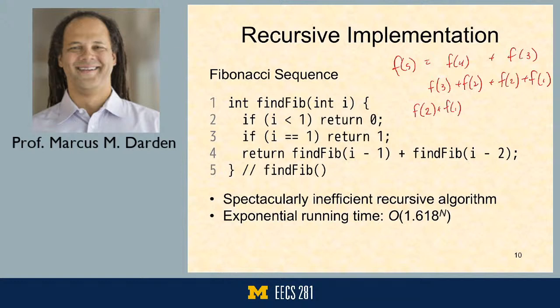And F of 2 is F of 1 plus F of 0. And lastly, I've got F of 1 plus F of 0. And F of 1 is something I already know. So I've got to work my way down here, and I still have one more case here. F of 2 on the end still needs to be F of 1 plus F of 0.